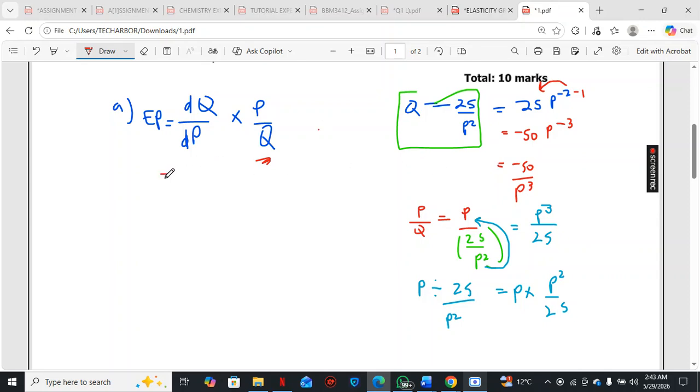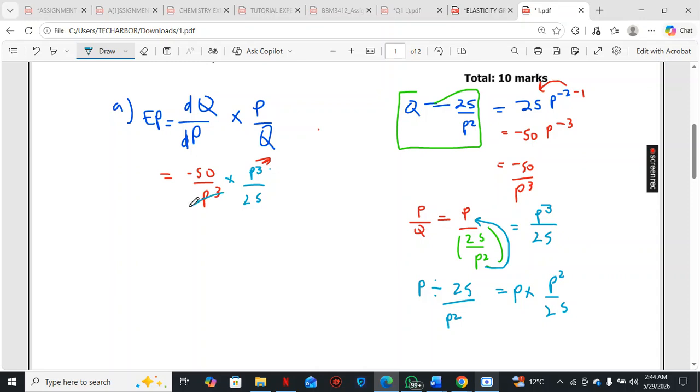All right, so now we've got our answers here. So bring it back to the original formula. The derivative of our demand function, negative 50 over P cubed, multiplied by P over Q. We simplified it, it became P cubed over 25.